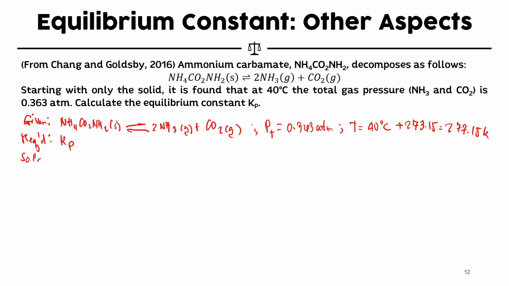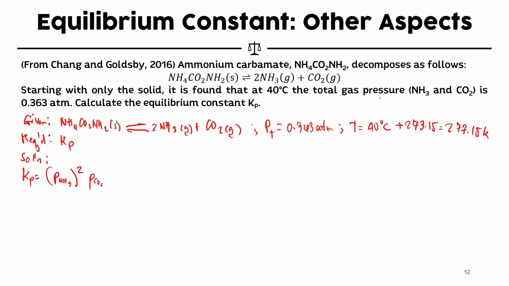To solve this, we need to establish our Kp expression first. Since the ammonium carbonate is solid, it is not involved in the Kp expression. What is involved is only the ammonia gas and the carbon dioxide gas. So Kp is equal to the partial pressure of ammonia squared, because the ammonia has a coefficient of 2, multiplied by the partial pressure of the carbon dioxide.